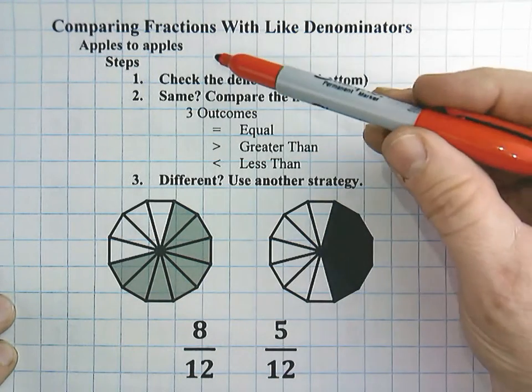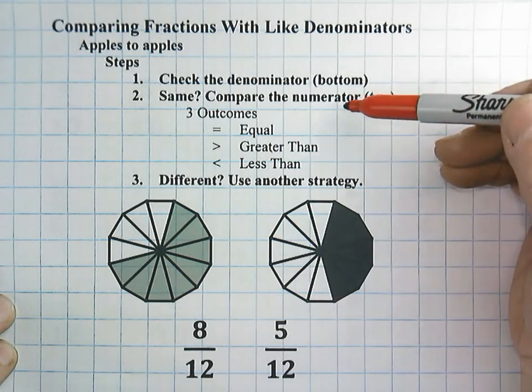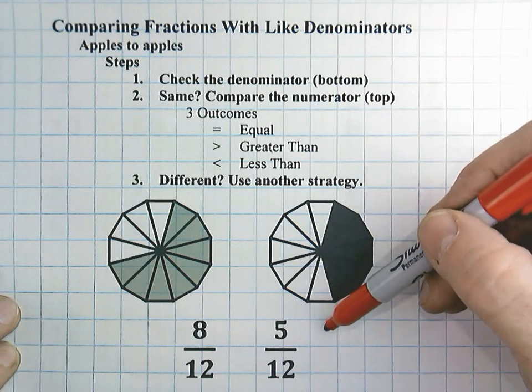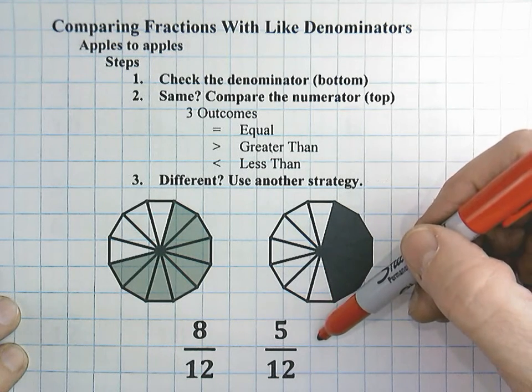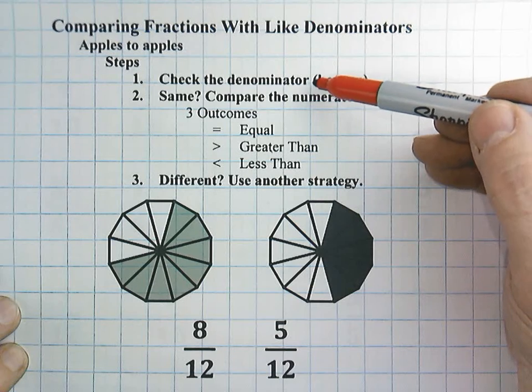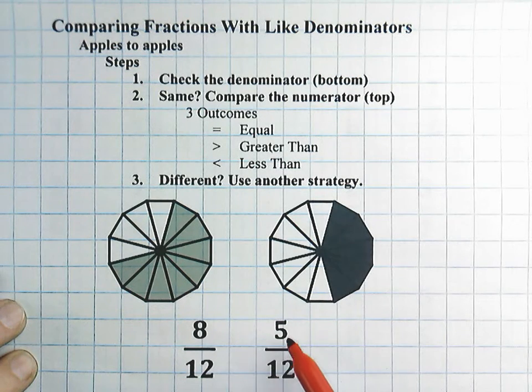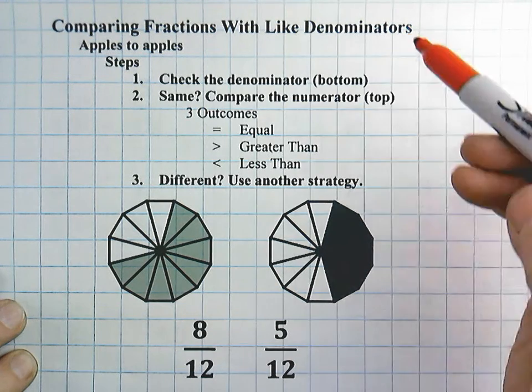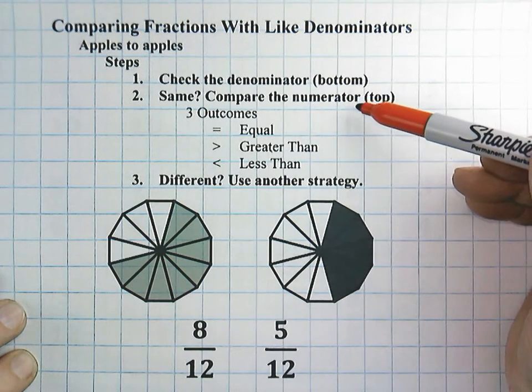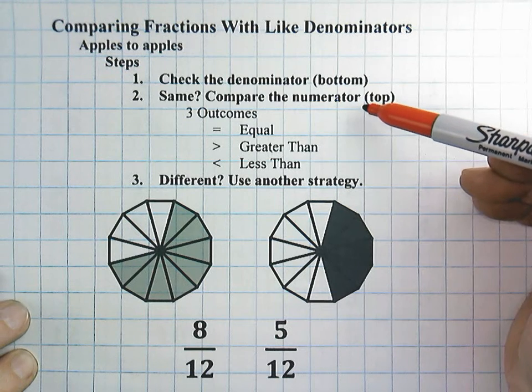Steps are pretty easy. Just think apples to apples. When you're comparing fractions and you want to use the strategy of like denominators, just always take a quick look at the bottom. For example, here I see 8/12 and 5/12. 12ths and 12ths are the same. If they're the same, all we have to do is compare the top, and we're good to go.